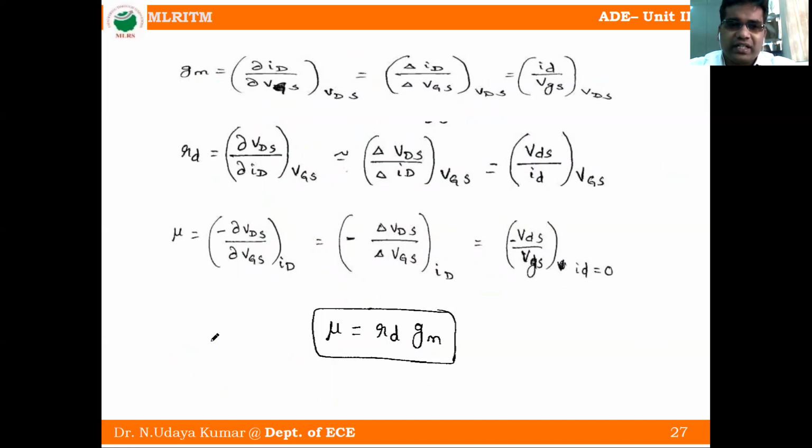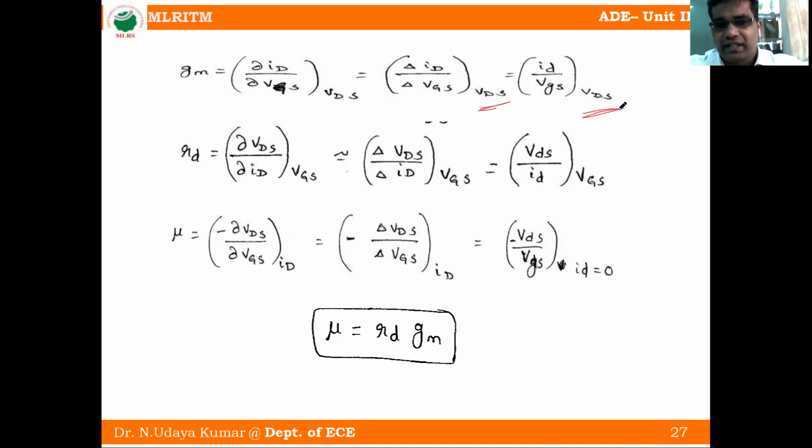So that is transconductance, which is equal to change in ID by change in VGS at constant VDS. In small signal analysis, we have to write all values as capital ID becomes small ID, and capital VGS becomes small VGS at constant VDS.